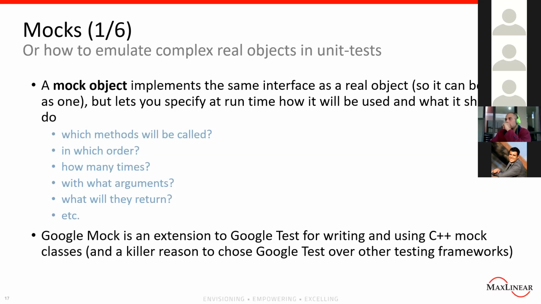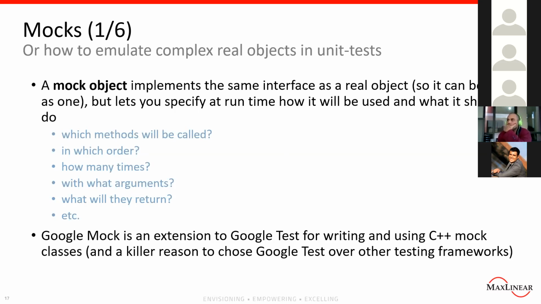and check which methods have to be called, in which order those methods are called, how many times, or with what arguments. And most important of all, mocks allow us to specify inside each test what the mock should return in each call.